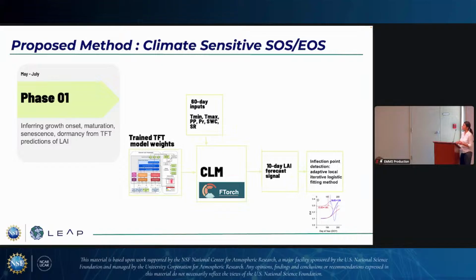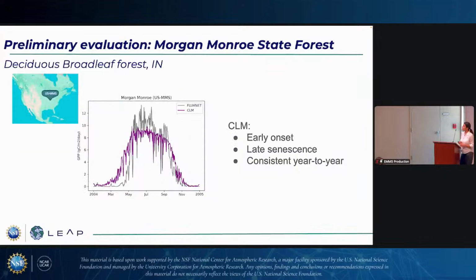And from that 10-day forecast, we use a method called the adaptive local iterative logistic fitting method, which is basically a much fancier elbow detection method, if you want, that just says, here is spring and I'm very sure of it. And so that was phase one. We wanted to first have the same evaluation data set for the CLM and for this new method that we're trying to introduce.